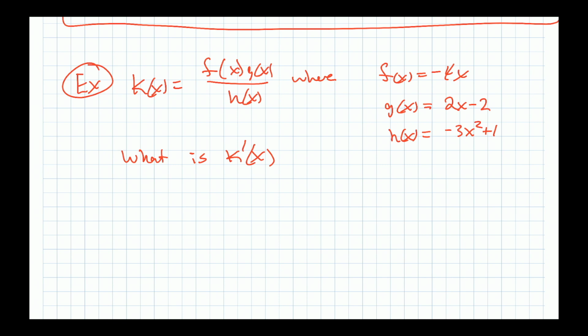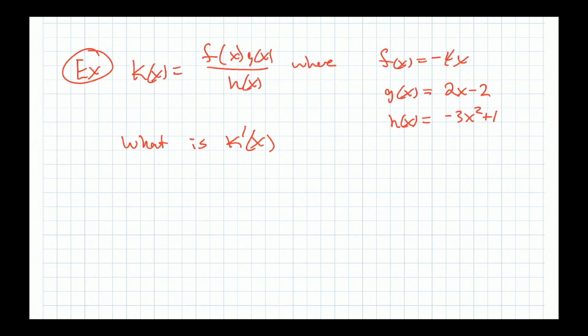All right, now at some point you probably don't want to take the derivatives of f, g, and h separately and then try to put them together in the answer. It's probably best to write out what k is. It's f times g over h.